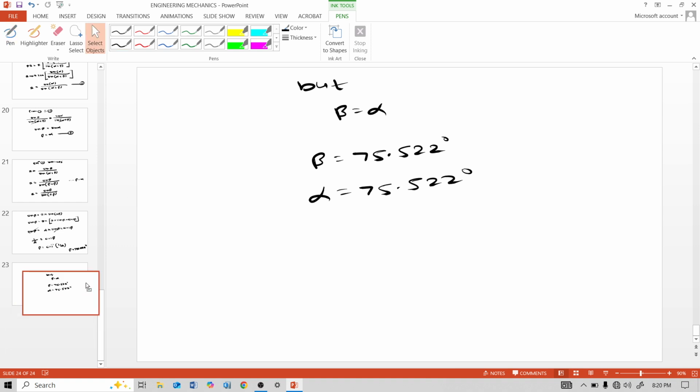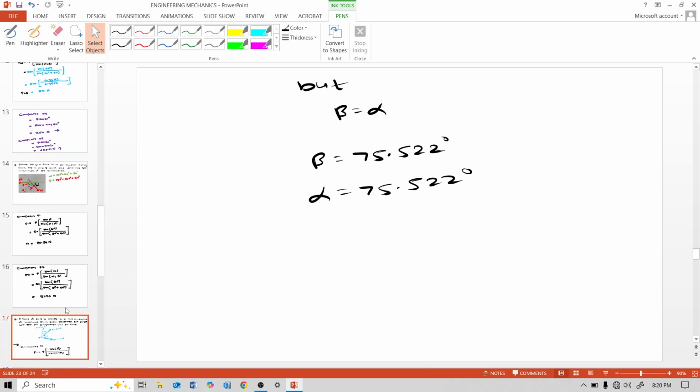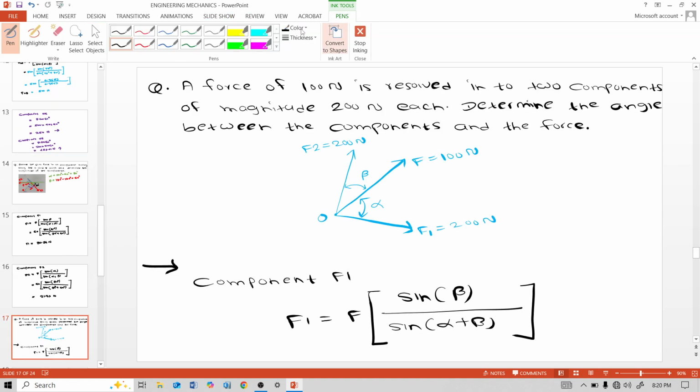So our objective is completed here. This alpha is 75.522 degree and beta is 75.522 degree. So just see how we calculated this numerical.